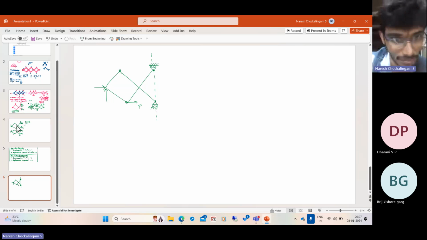So this is R, and the other half of the structure is something like this. So it is anti-symmetric. You have this acting towards the right, which means if this is the horizontal force, this is the vertical force here.